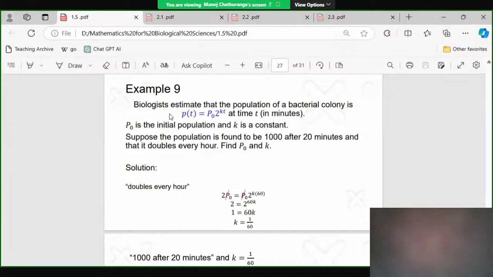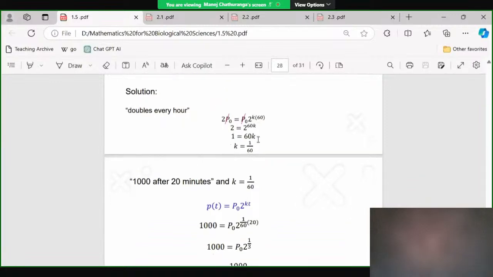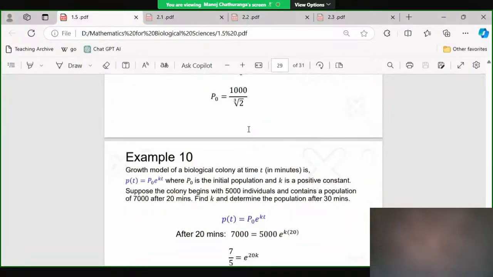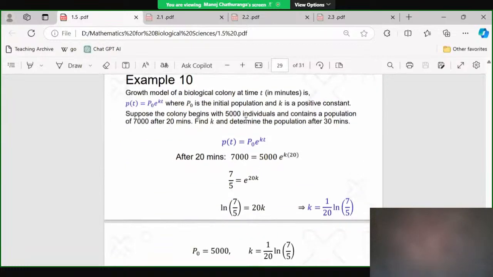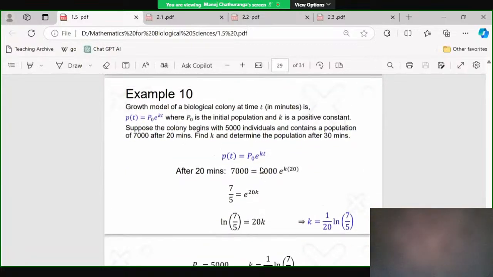You can deduce how it behaves in the future. Also, you can plot the graph if you want. So this is an application of exponentials, and there are other applications of the same type.